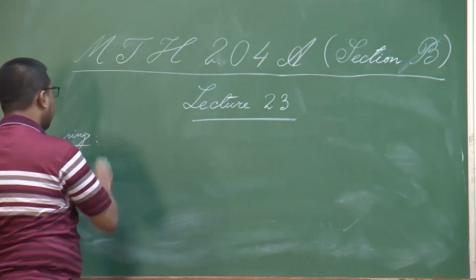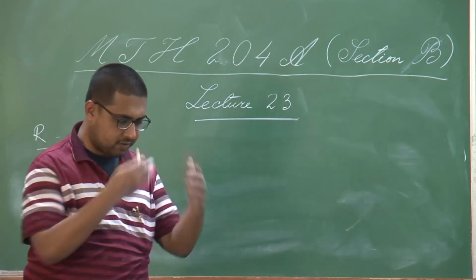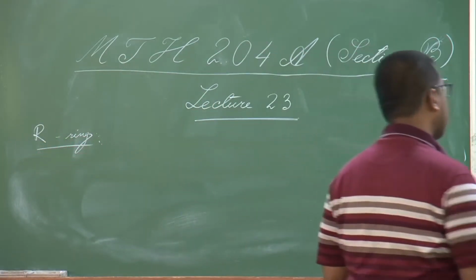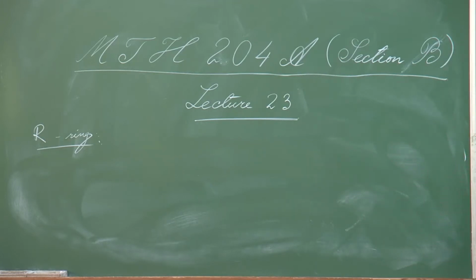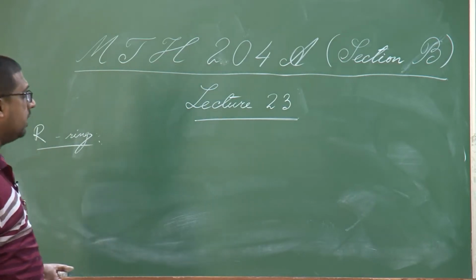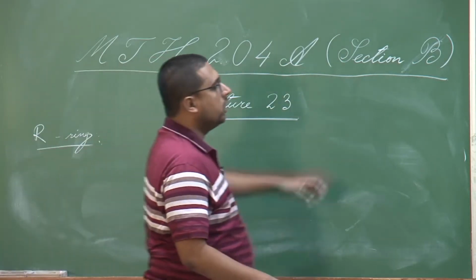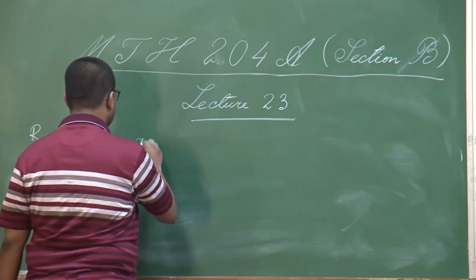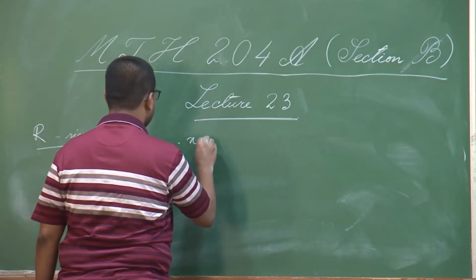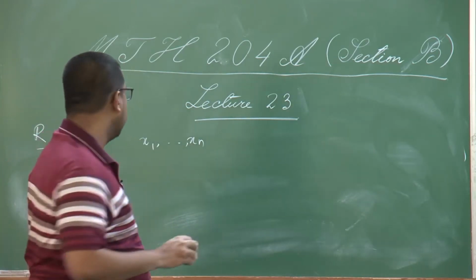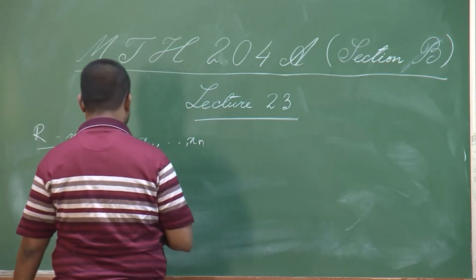Let me first convey the idea intuitively, which is going to be useful when we deal with polynomials in several variables, but of course we should also tell you the formal definition. To begin with, let us fix variables x1 up to xn. For the time being, bear with me. Suppose these are variables.